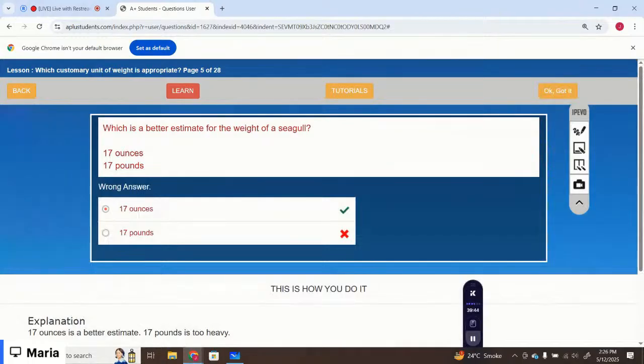Oh, 17 ounces it is. Okay, that is 17 ounces.